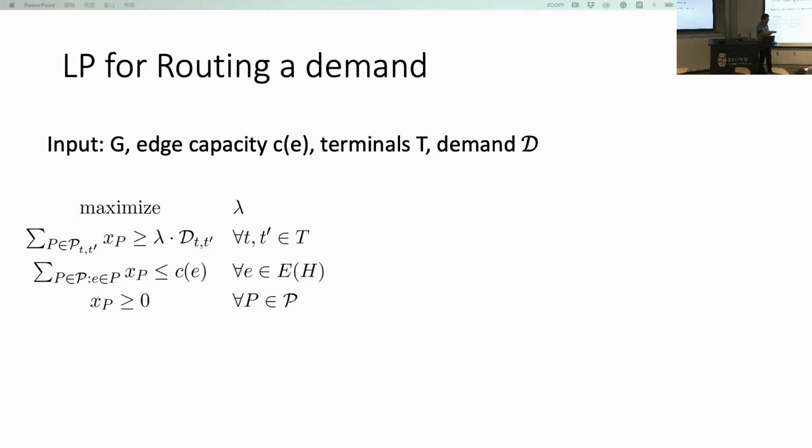In other words, if you do not inflate anything, it is what fraction of the current demand you can route. That is what lambda means here: the fraction of the current demand that you can route without inflating anything. So we are minimizing 1 over lambda, equivalent to maximizing lambda. This is like routing a lambda fraction of the demand without violating any capacity constraint, so they are all linear.